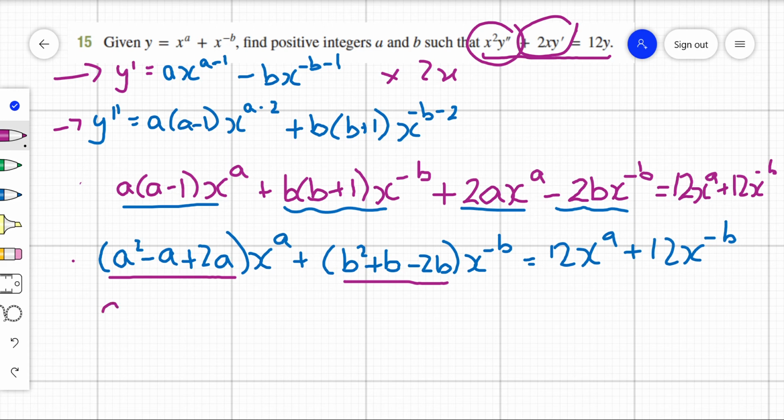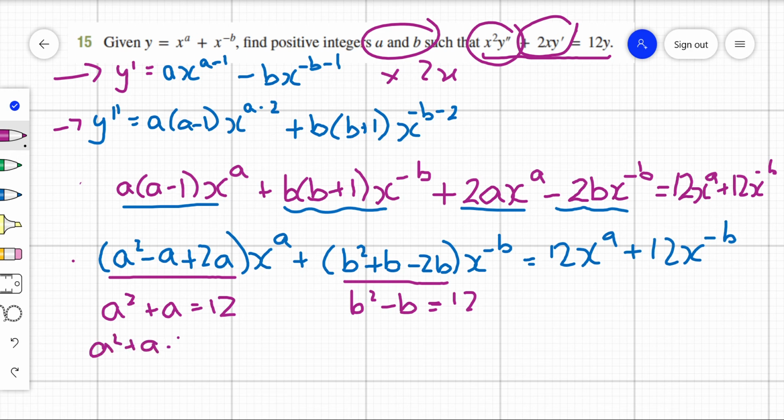So what does that give us? That gives us a squared plus a has to equal 12 and also b squared minus b has to equal 12. It does say these are positive integers. So a squared plus a minus 12 has to equal 0. That's a minus, isn't it?